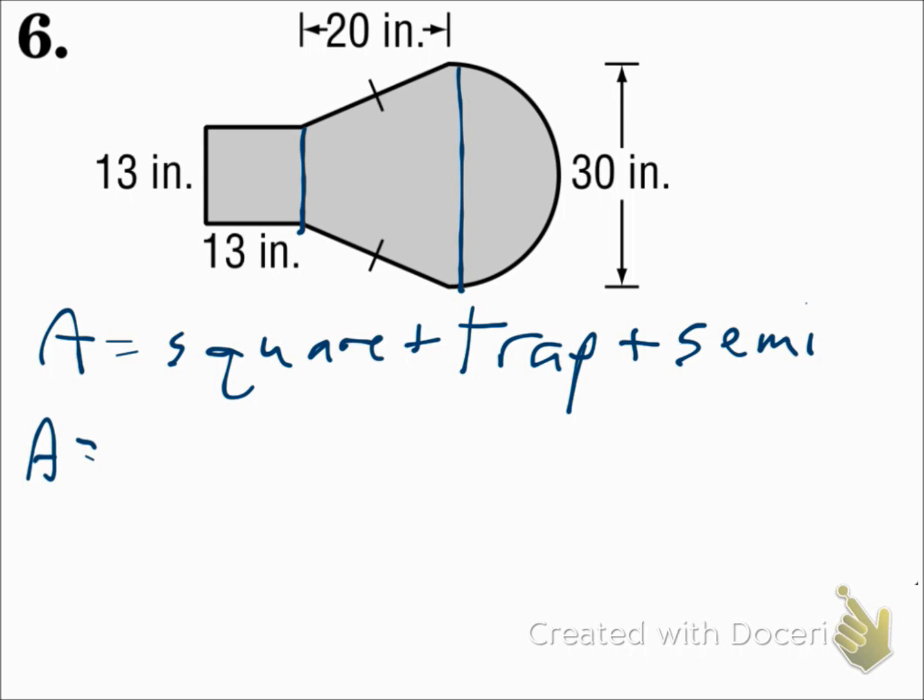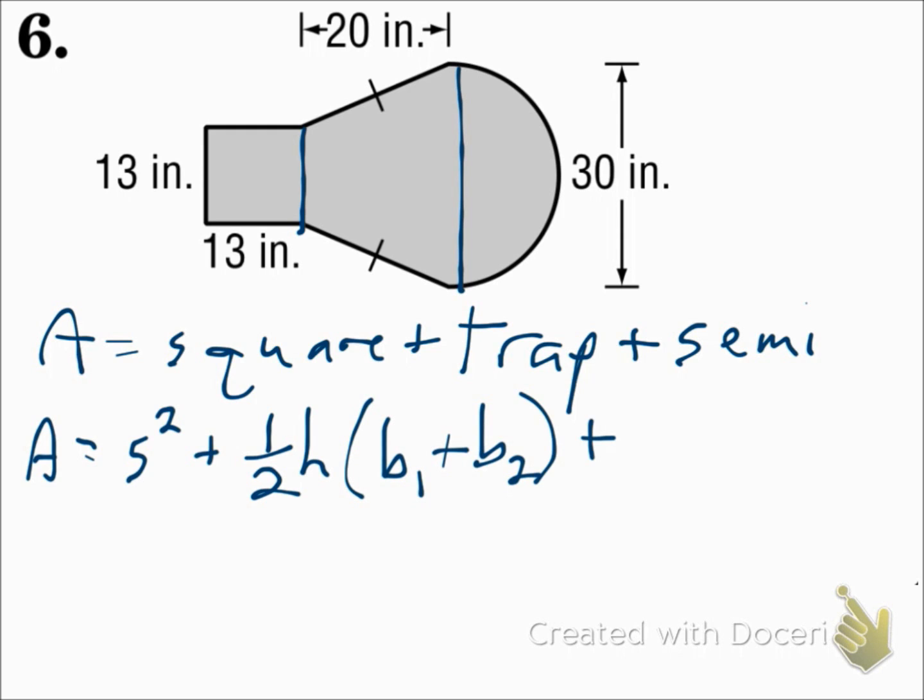The formula for the area of a square is s squared. The formula for a trapezoid is half height times the sum of the bases. And the formula for a semicircle is half pi r squared. Let's substitute the values in now. A side of the square is 13, so 13 squared.